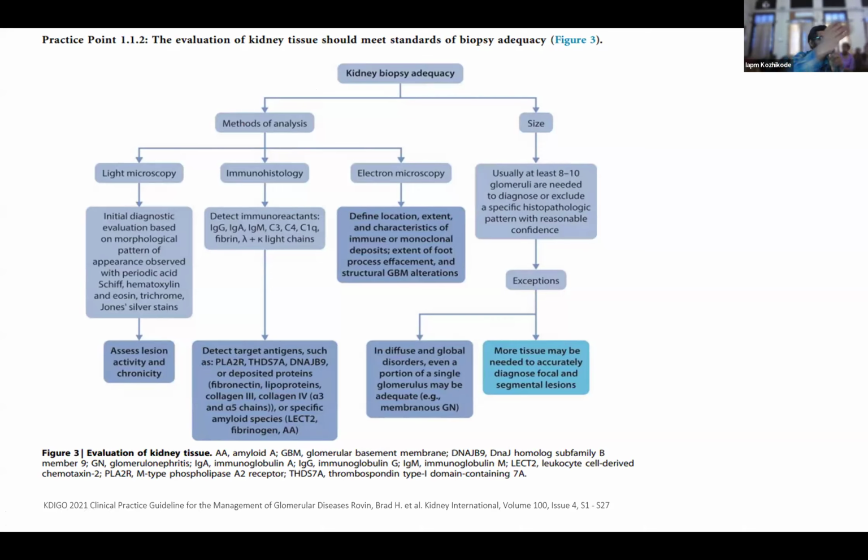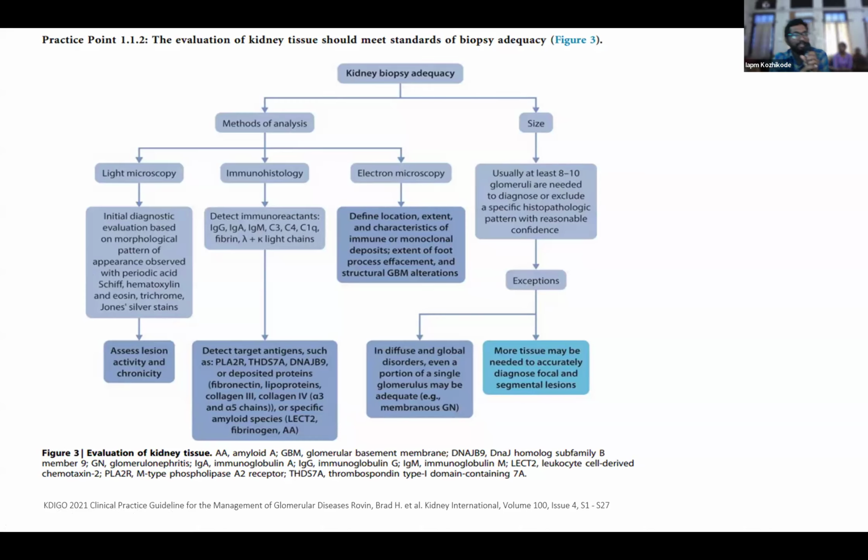Okay, if you do not have tissue for that, you cannot make that diagnosis. So your biopsy is inadequate. Okay. So, if you are getting the LM, everything is okay, but the diagnosis hangs on EM, and the tissue is inadequate, then also you may not reach a proper diagnosis.